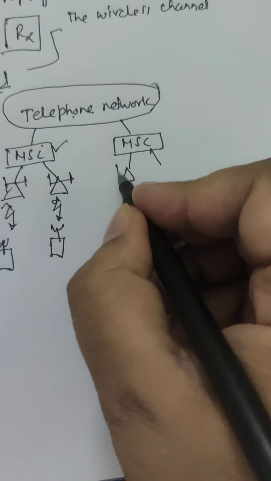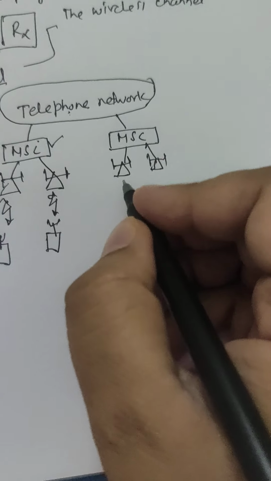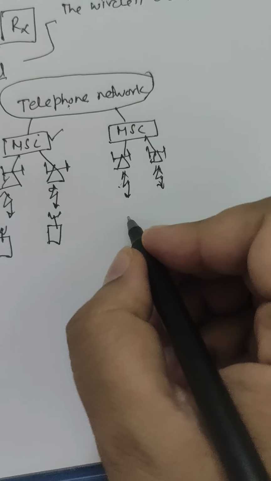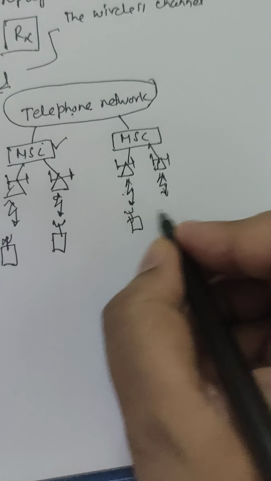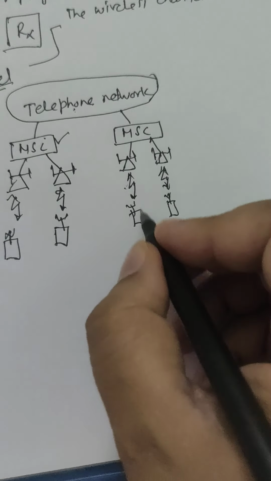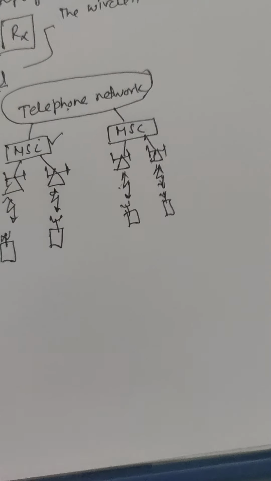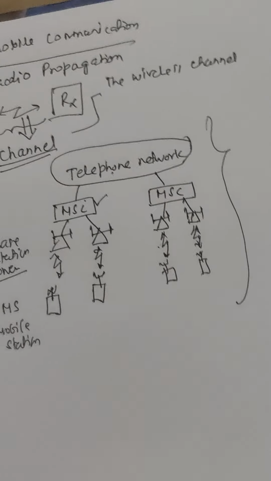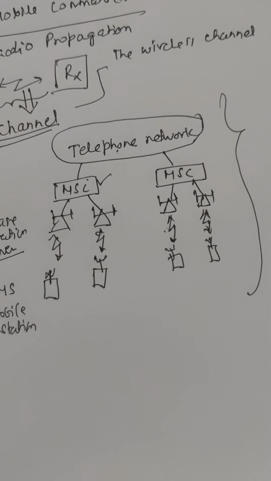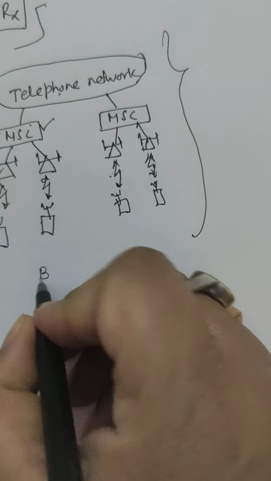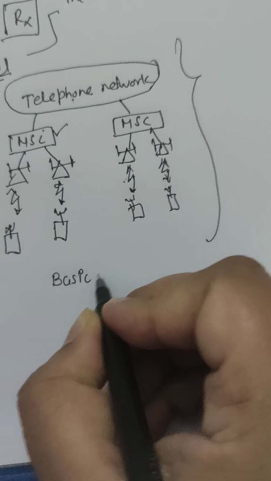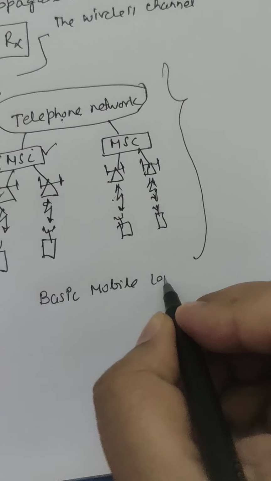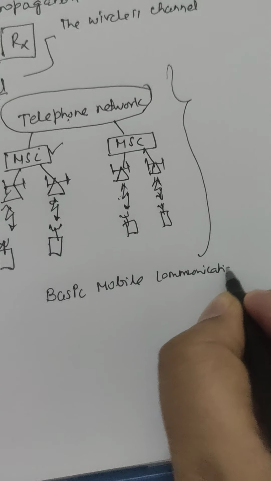Again, this is connected with the tower, and they guide the electromagnetic waves in free space to exchange information between the users. This makes the basic mobile communication structure.